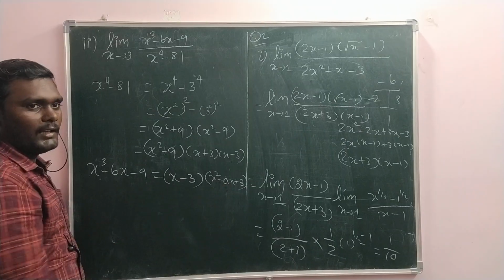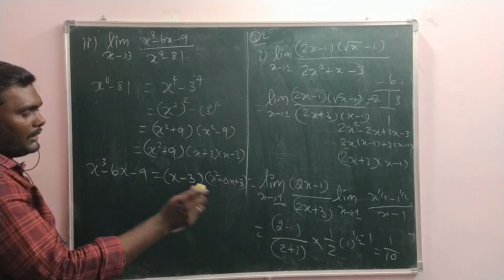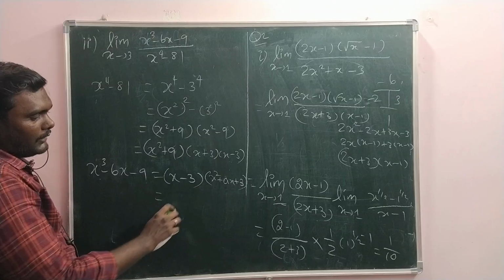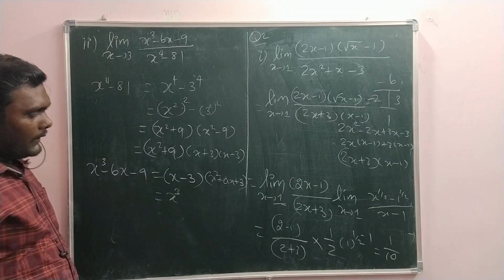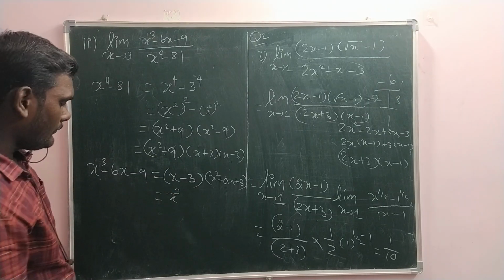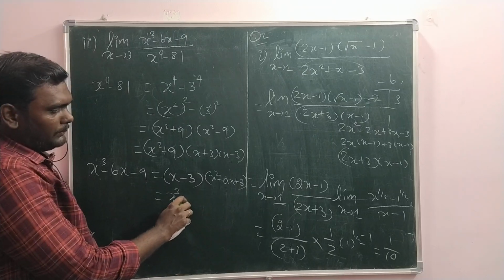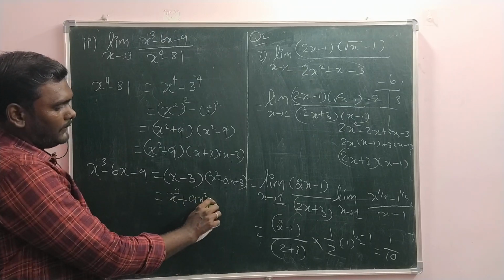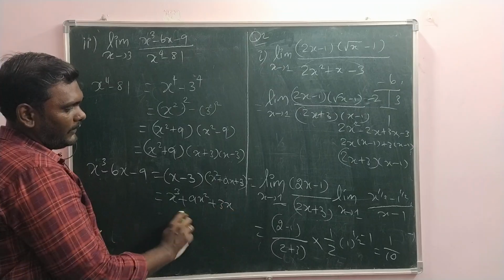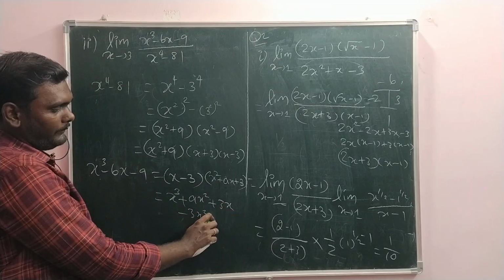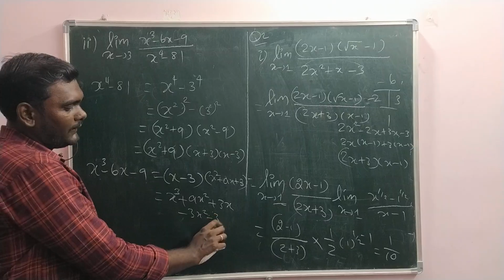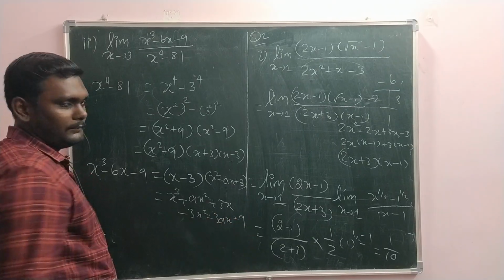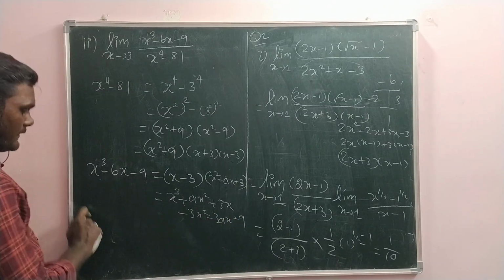This a alone we should find. There is a quadratic factor. Now simply multiply them. Then it is x cube plus ax square plus 3x minus 3x square minus 3ax minus 9.